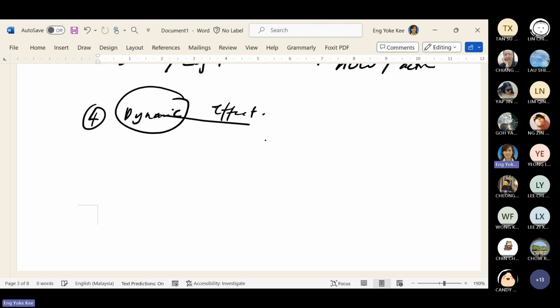What does it mean by dynamic? In your econometrics, you learn dynamic models, right? What do you understand by this term dynamic? Are you dynamic? Don't dare to say. Is Yuta dynamic?